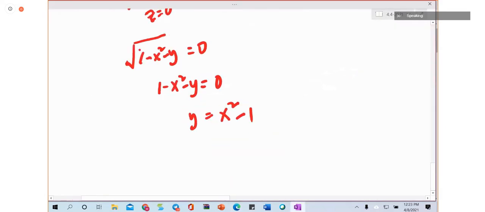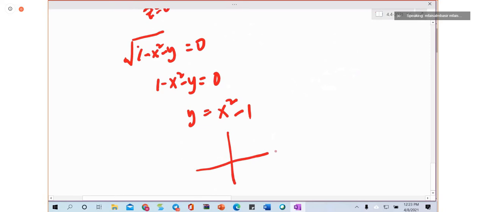So what you can draw here is just x. We just move 1, right? Here, when x is 0, y equals to 1. And then just like this. Clear or not?